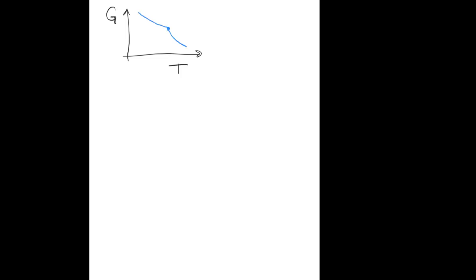Something like this. So the slope is indeed something I already wrote down on an earlier slide, because the slope in this plot is just dG by dT at constant pressure and particle number. And what I wrote down on the previous slide is that this is the negative of entropy.